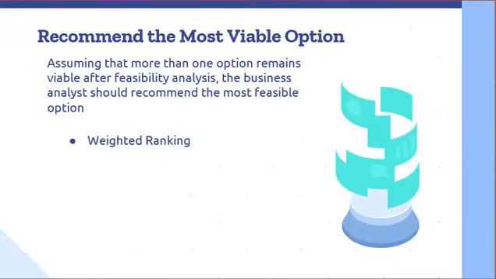So we can do the weighted ranking. Ranking two or more options can be done using various techniques. A practical and effective method is to use a weighted ranking matrix. So here we are comparing, pairing and matching with weighted criteria to add objectivity to a recommendation.